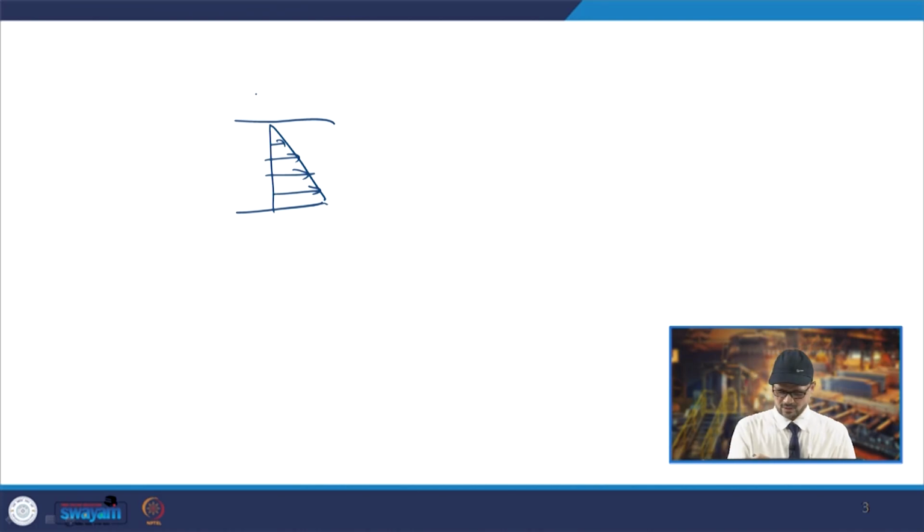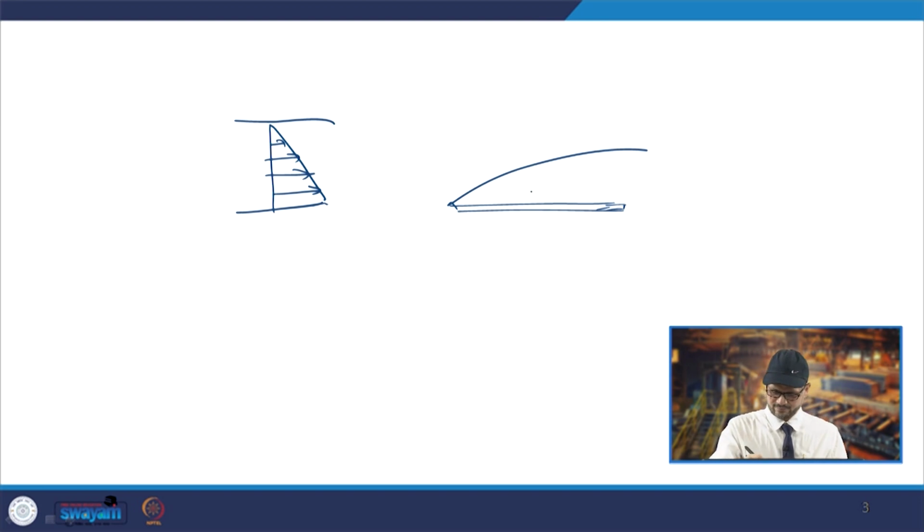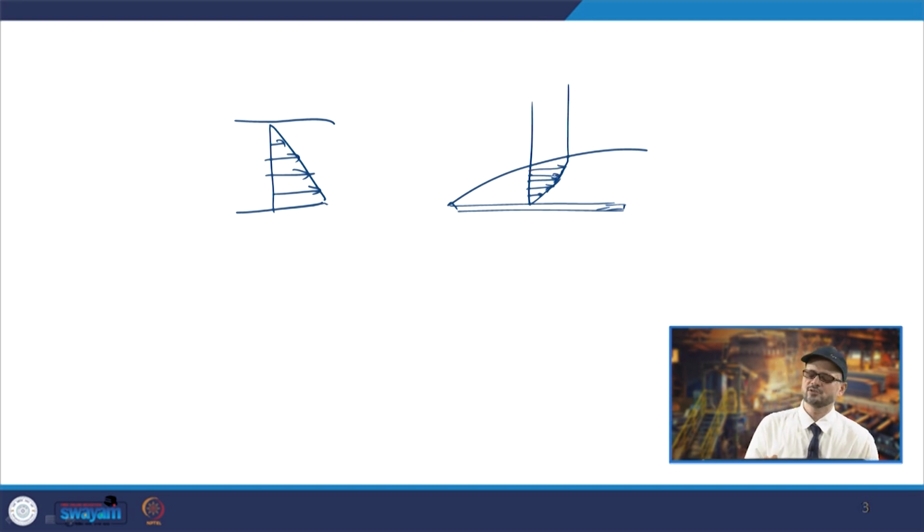Now, if you talk about a momentum boundary layer, you might have experienced that your velocity profile goes like this in the boundary layer. The velocity will be changing because of both x and y, in both directions.